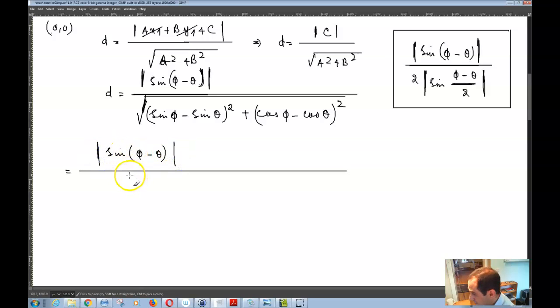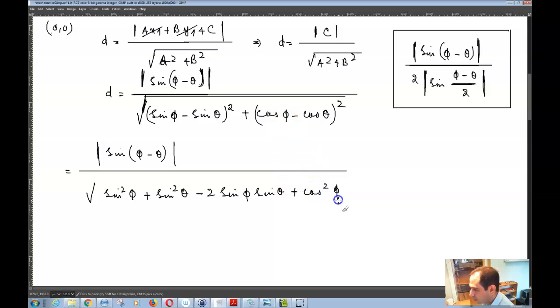and in the denominator you can write the square root of sine squared phi plus sine squared theta minus 2 times sine phi sine theta, and then over here you have cos squared phi plus cos squared theta minus 2 times cos phi cos theta.